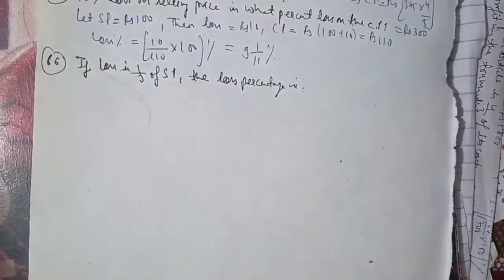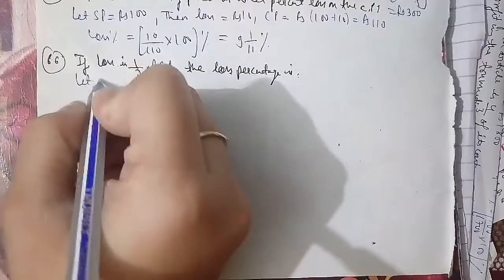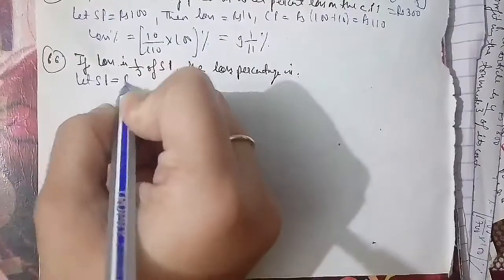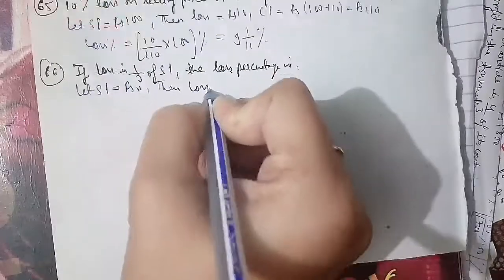Let SP equal rupees X, then loss equals rupees X by 3. CP equals rupees X plus X by 3, which is equal to rupees 4X upon 3.